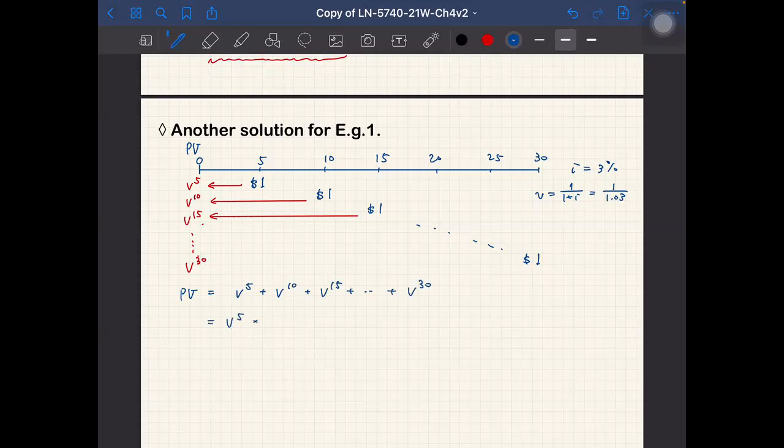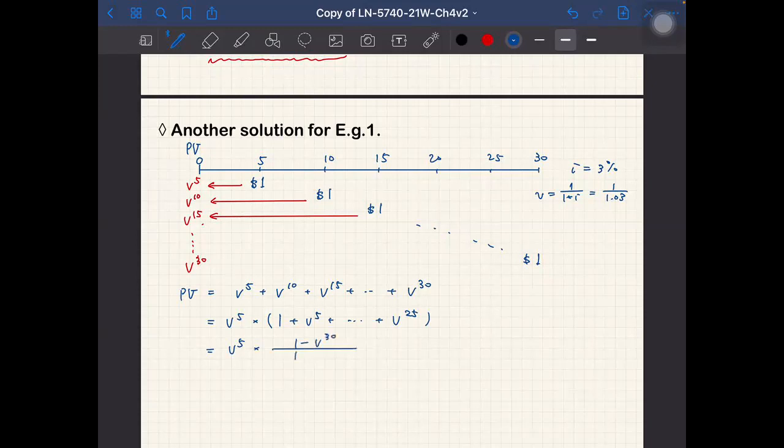If we sum this, it becomes this, and we can use the summation formula for a geometric sequence.